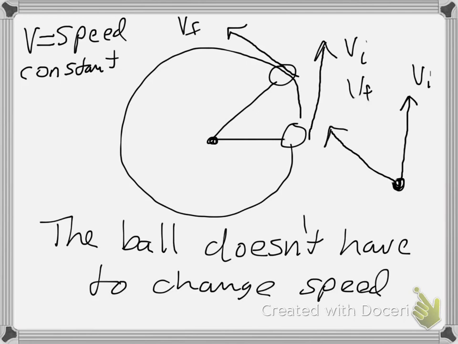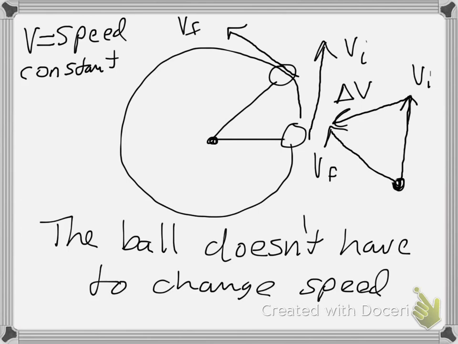So we have these two different directions, and there's a change in direction, which we denote with this vector here, delta v. Now that's not terribly important. The whole point of this story is that the direction is indeed changing.